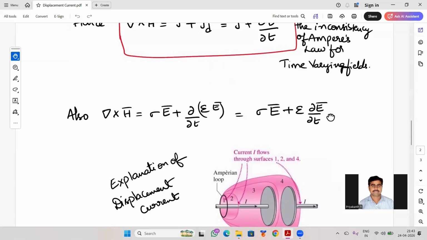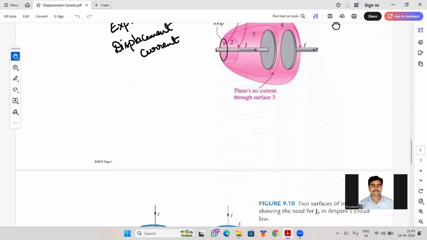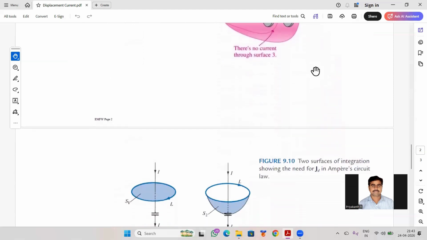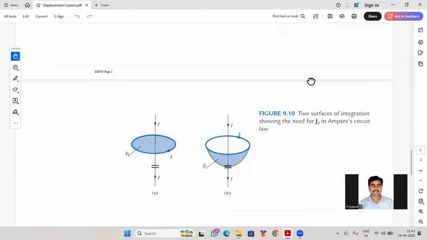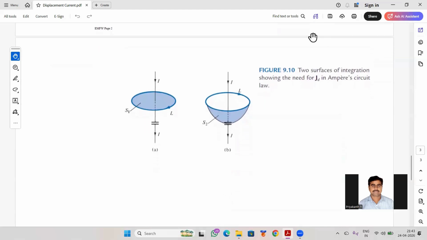Now, to properly explain this displacement current density, the best example is a charging capacitor. When a capacitor is connected to a battery, the conduction current flows through the wires.